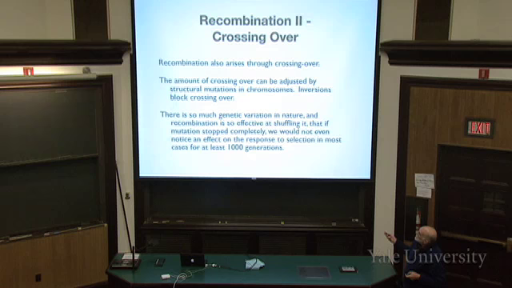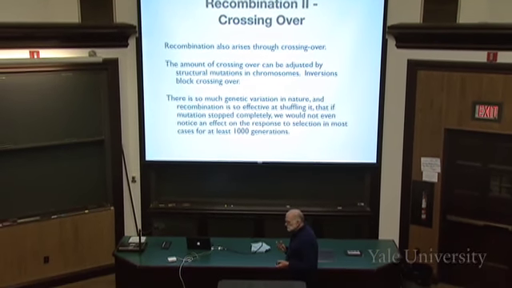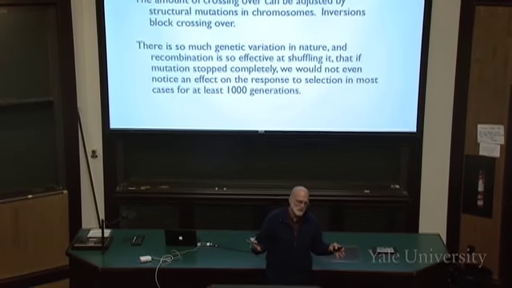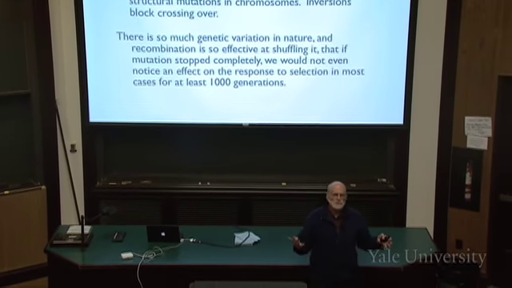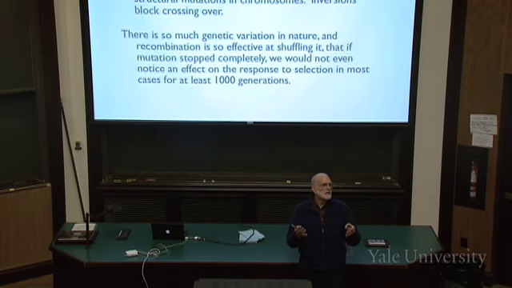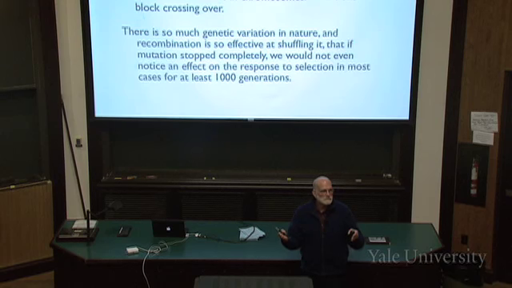Now, we can play the mental game of asking ourselves, what would happen in a sexual population if we just shut off mutation? We can't actually do it, of course. But how long would it take before we would even notice that evolution had been shut off if we were just observing the rate at which that population was evolving?